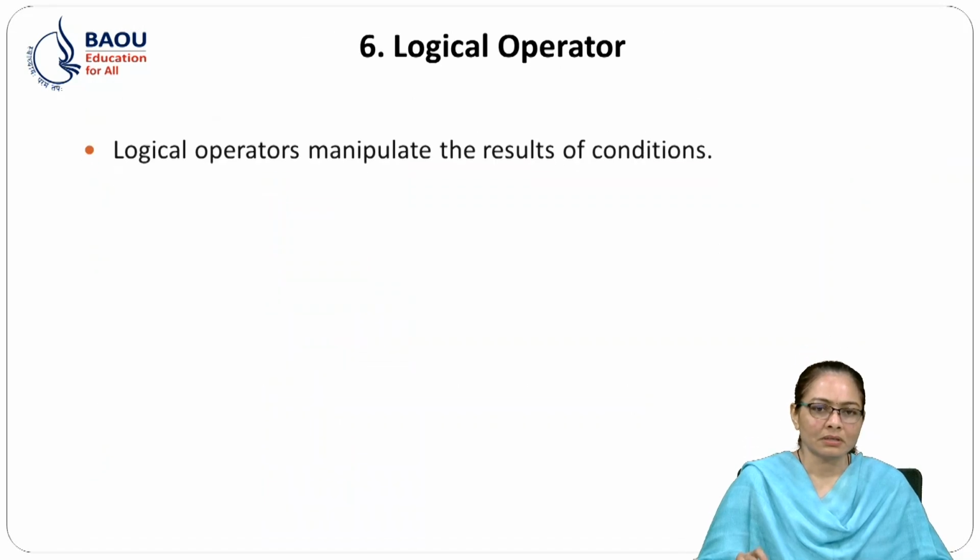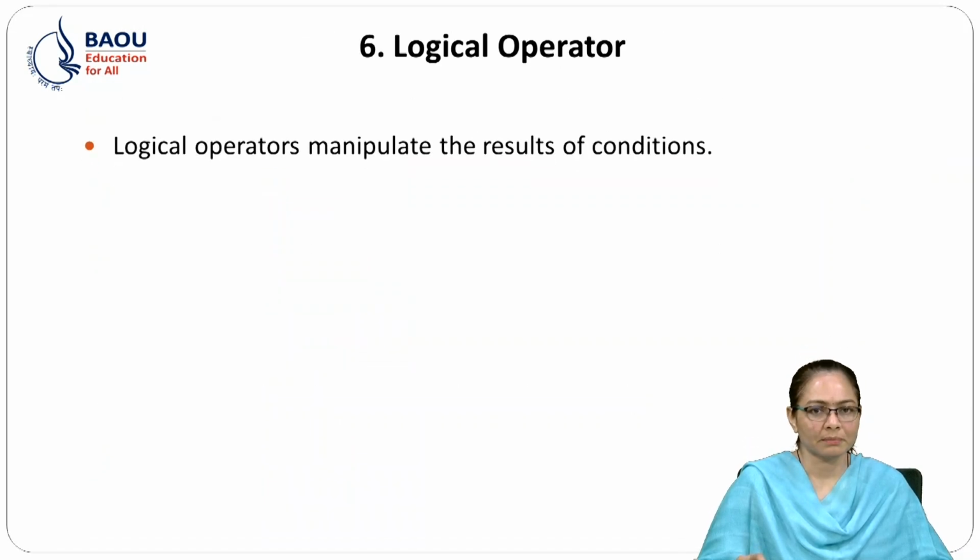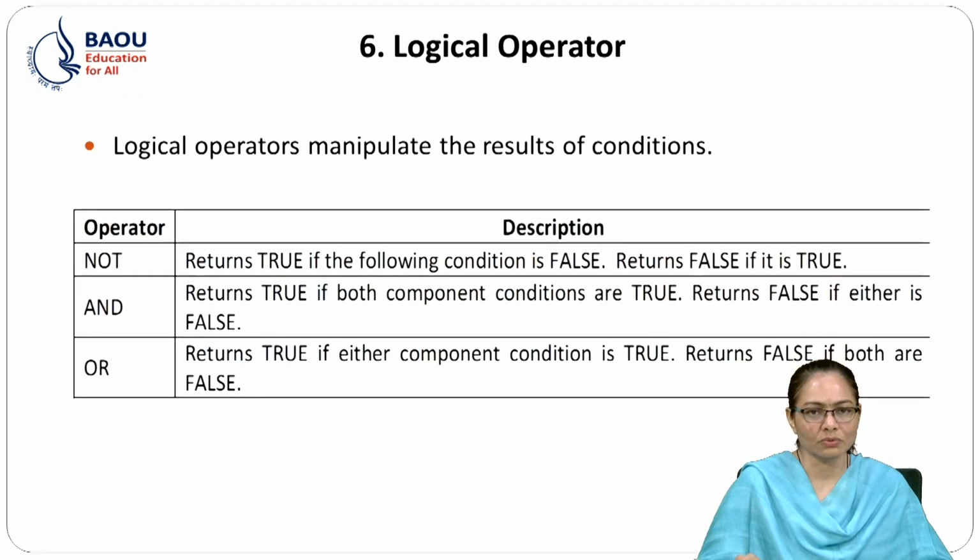Now the logical operators manipulate the result of the conditions. The logical operator is used to compare more than one condition and gives the result according to them. AND, OR, NOT are the logical operators.